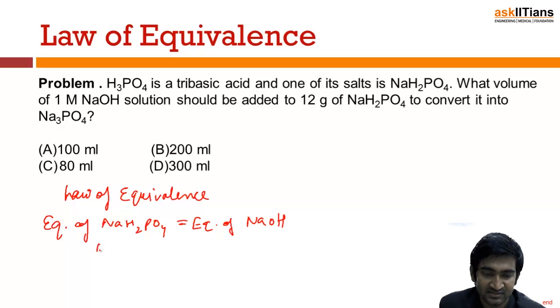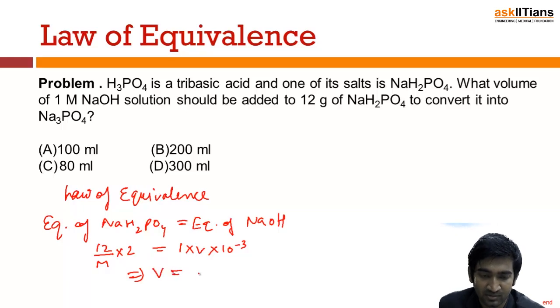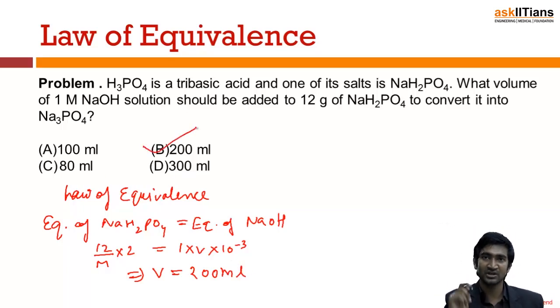So from this, 12 by M into 2 is equal to 1 into V into 10 raised to the power minus 3. If we calculate from here, V comes out to be 200 milliliter. So the correct answer for this question is option B.